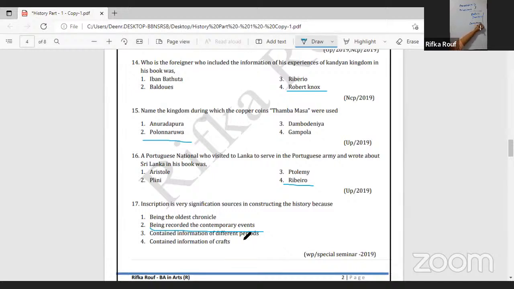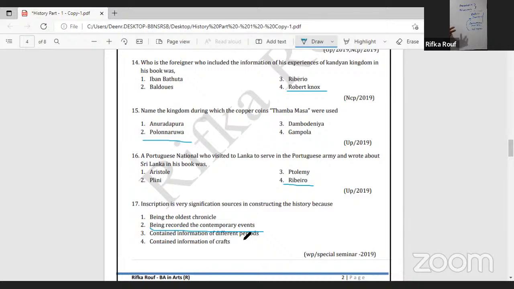In this inscription, the laws that had to be followed by a particular market that existed at that time, the Hopitigama market, are mentioned.